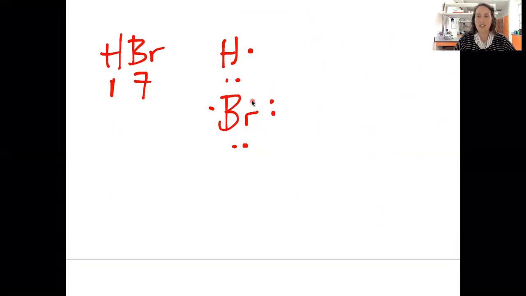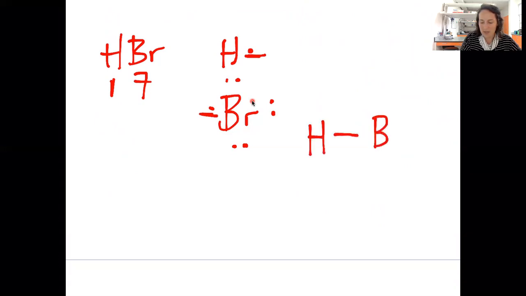So if we wanted to create a chemical bond between hydrogen and bromine, that means that we need to share 2 electrons between hydrogen and bromine. And hydrogen has this lonely electron right here, and bromine has this lonely electron right here. So I would draw it so that hydrogen has the bond to bromine, HBr, and remember this line is representing these 2 electrons that are now being shared between the 2 atoms.